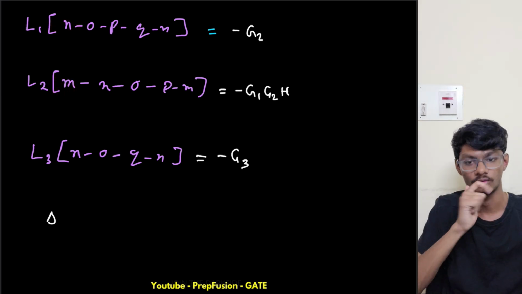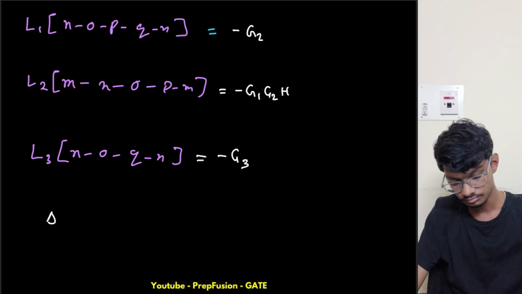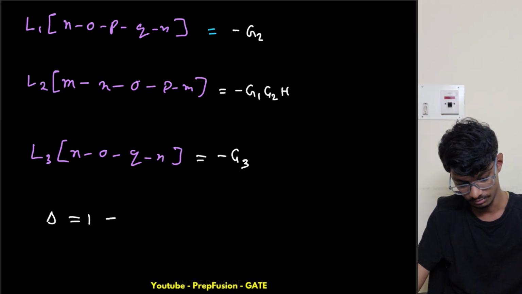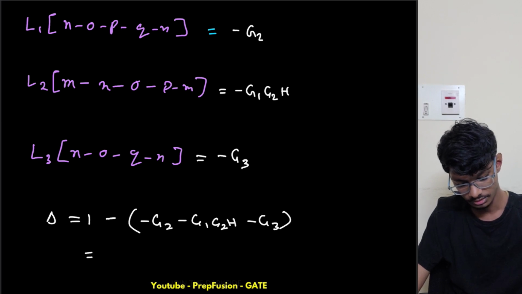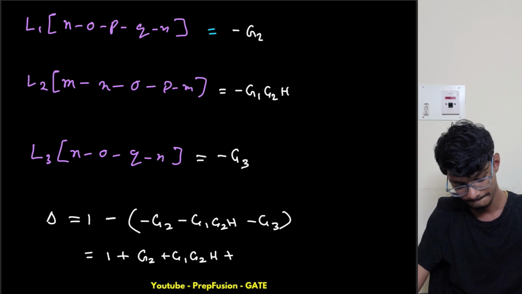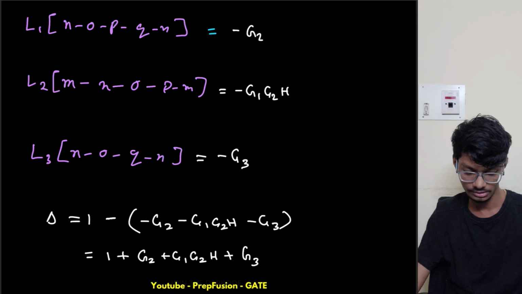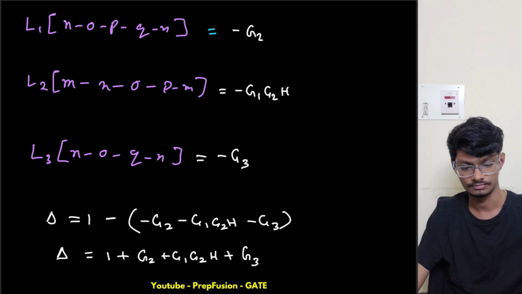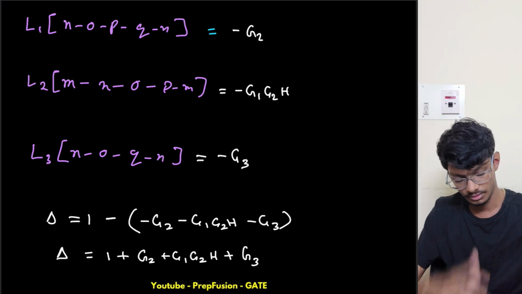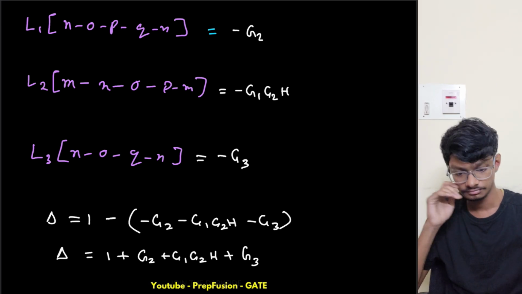So delta equals 1 minus (minus G2 minus G1 G2 H minus G3), which equals 1 plus G2 plus G1 G2 H plus G3. So this is what delta is equal to.